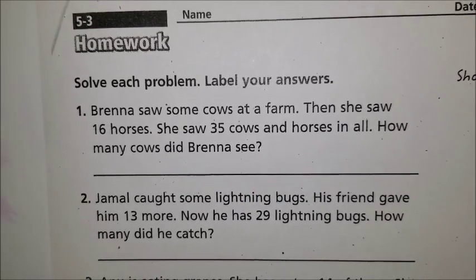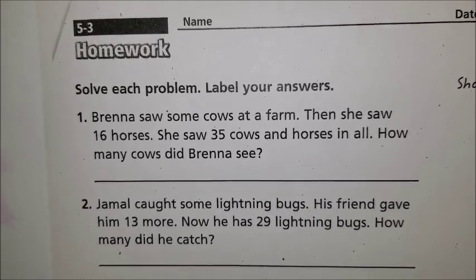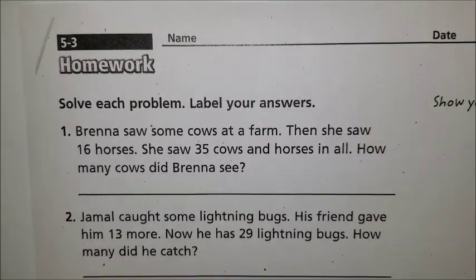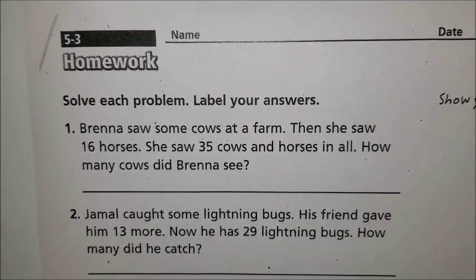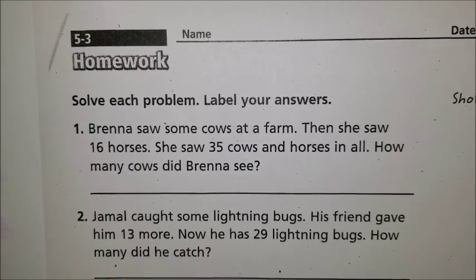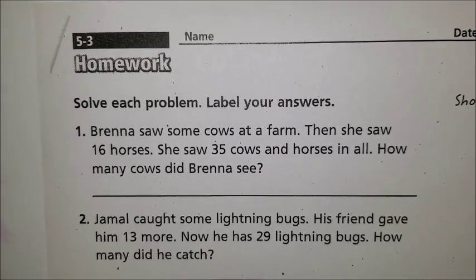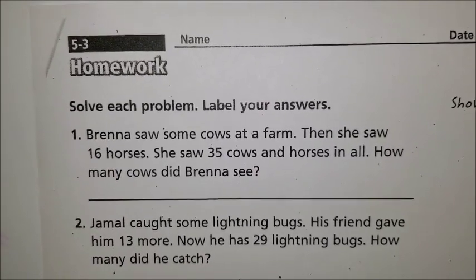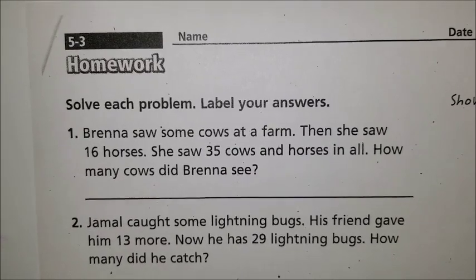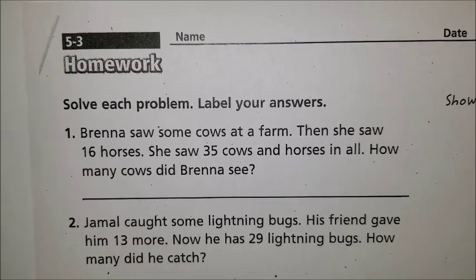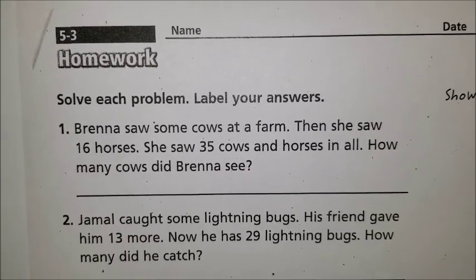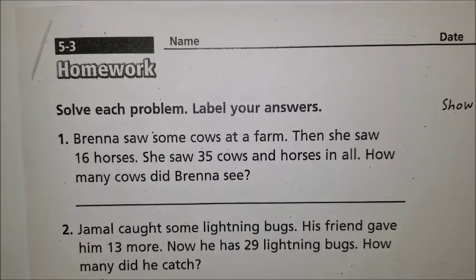How many cows did Brenna see? Now pause the video and read through the story problem one more time, finding the important information and the question or questions that you're supposed to answer. Go ahead and do that and underline it in pencil, of course.